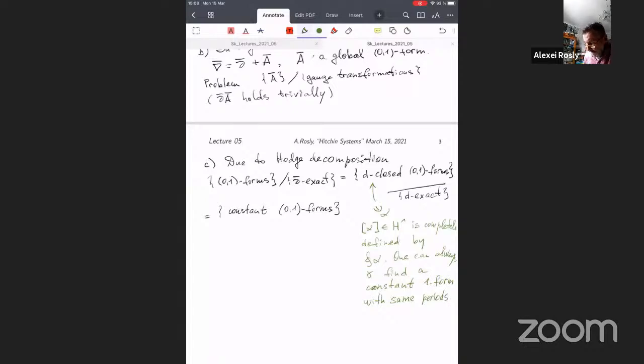The conclusion is that any cohomology class contains a constant one form, and the only one, because if you change this constant, some integral would change.